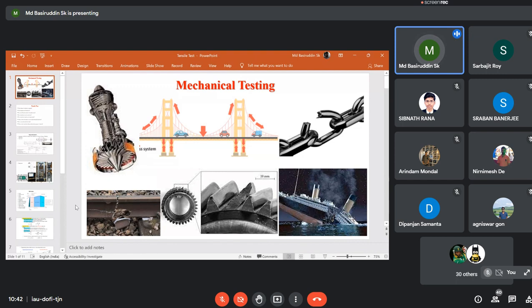Now here in these figures, we may come to another conclusion by seeing the fracture surface of the broken pieces, or the broken material. Can you tell us what types of fractures we generally see on the broken surface?